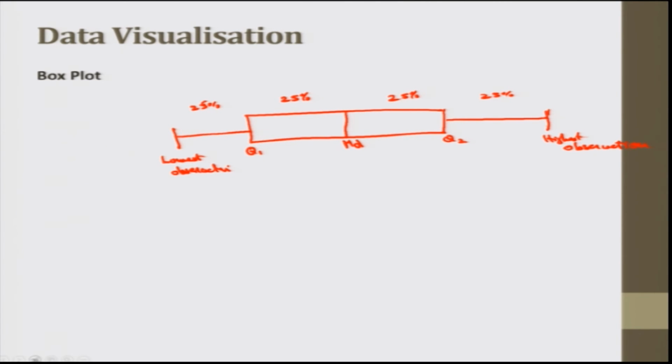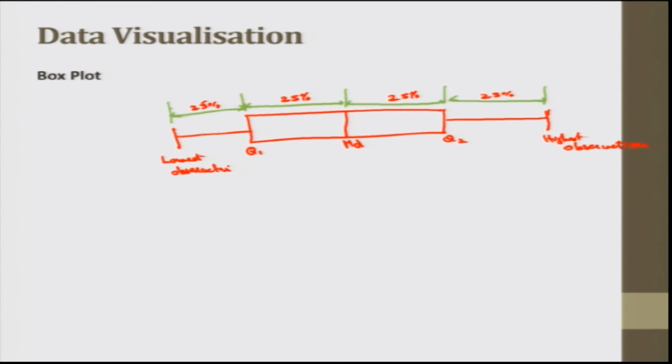This is my box plot. I am just putting the dimensions here. This is 25%. This is 25%. 25% of data means 25% of values lie in between. If I have 40 values, that means 10 values in each of these.